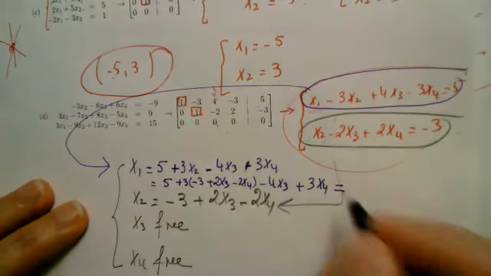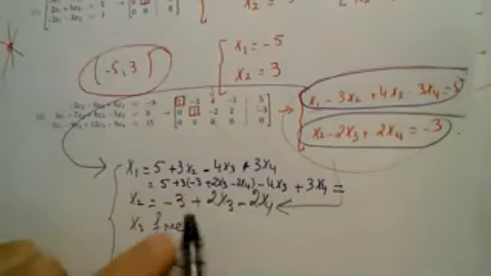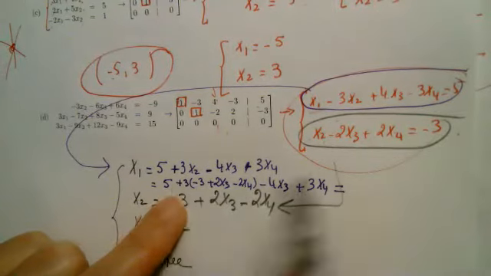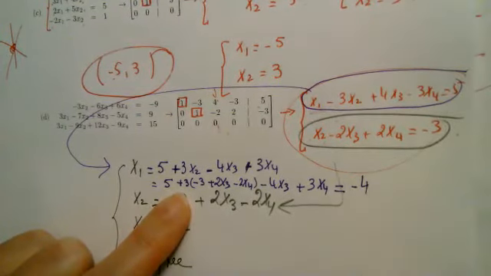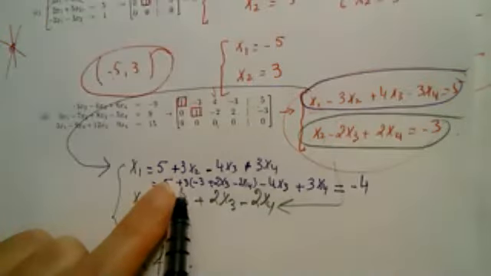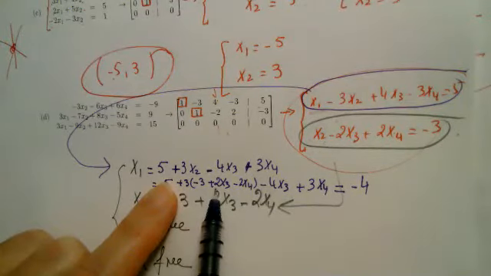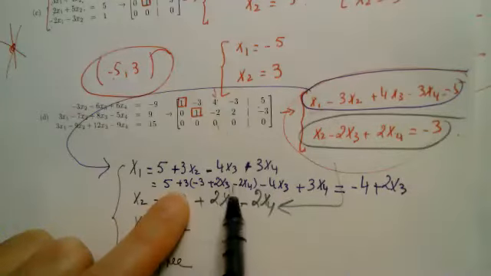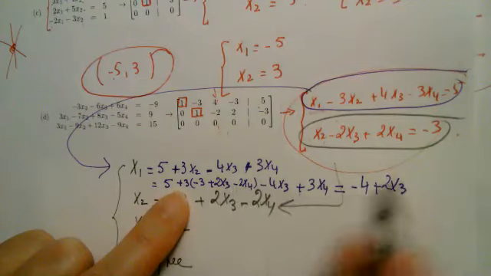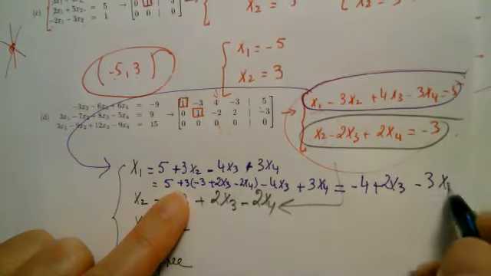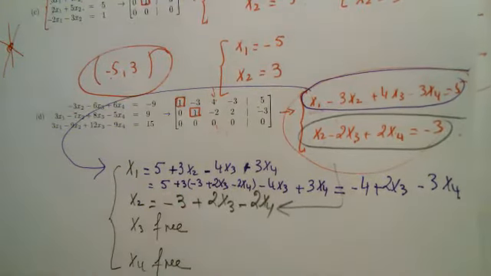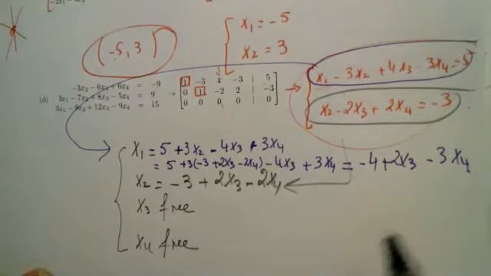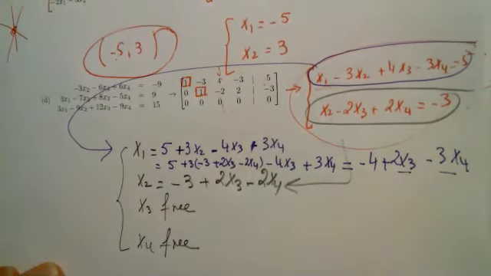And finally, I just have to collect terms. So minus 9 plus 5, that's a minus 4. And then I have 3 times 2, that's a 6, 6 minus 4. And then minus 6 plus 3 minus 3x4. Give or take a stupid mistake. And that's what the solution is. Everything in terms of the free variables.